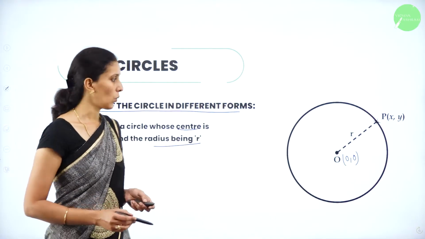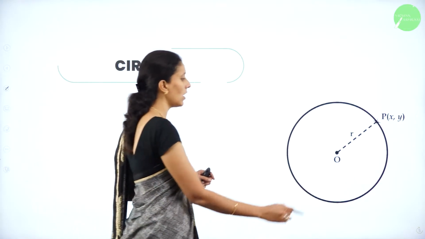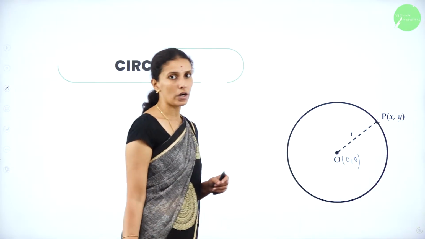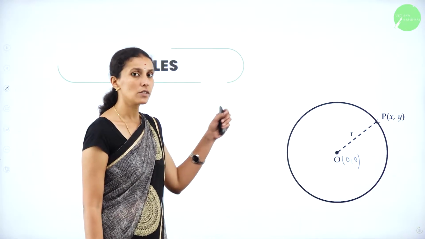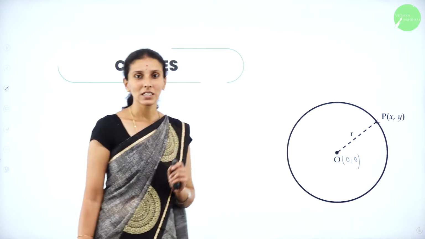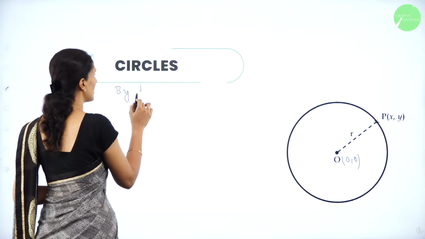Then what is the equation? So now, as I said, 0, 0 is the coordinate of the origin and x, y is the coordinate of the point P which is on the circle, and this is the distance r. By using the distance formula, what can we conclude?